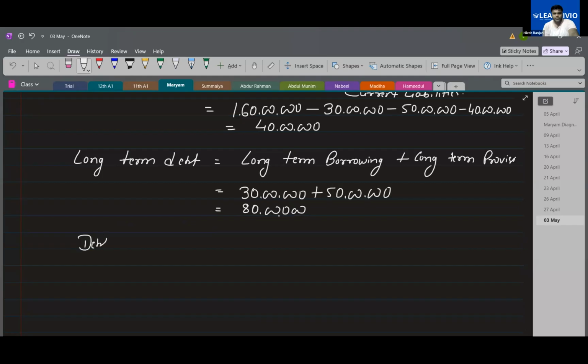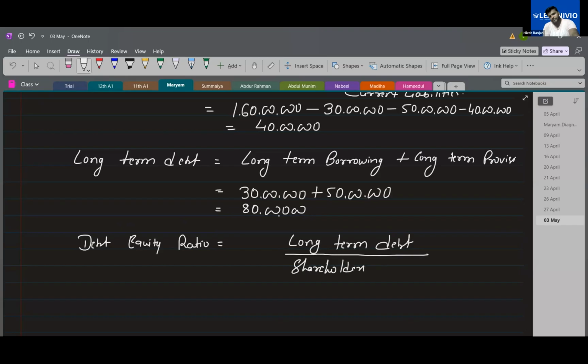Now debt equity ratio: the formula is long-term debt divided by shareholders fund. Long-term debt is 80 lakh and shareholders fund is 40 lakh. So it is 2:1.